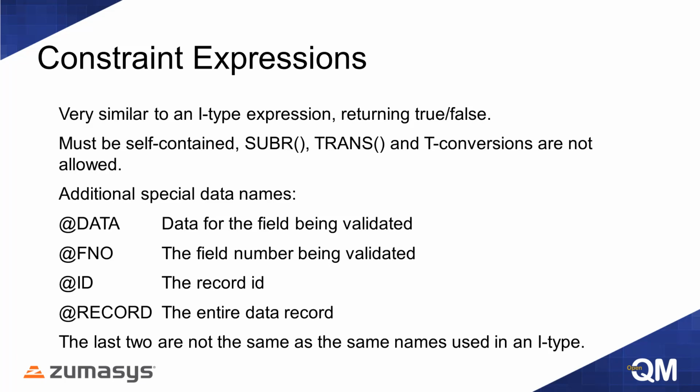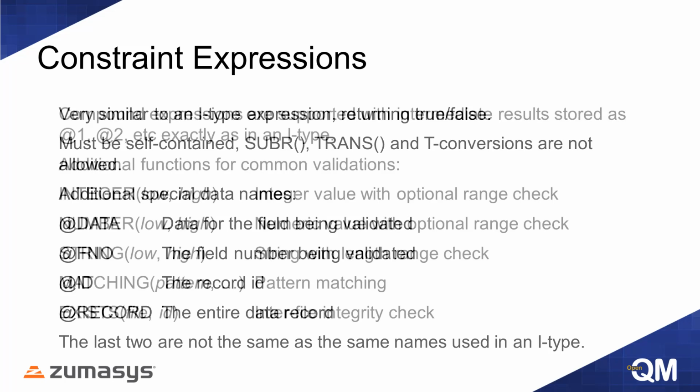There are some additional special data names we can use in the expression. @data is the data for the field you are currently validating. @fno is the field number of that field. @id and @record sound very similar to their use in an I-type, but they're not actually the same variables, but they are the record ID and the entire record data.